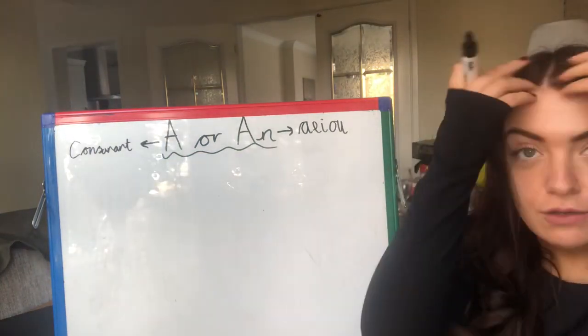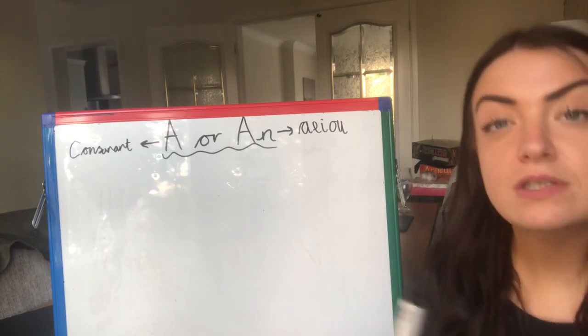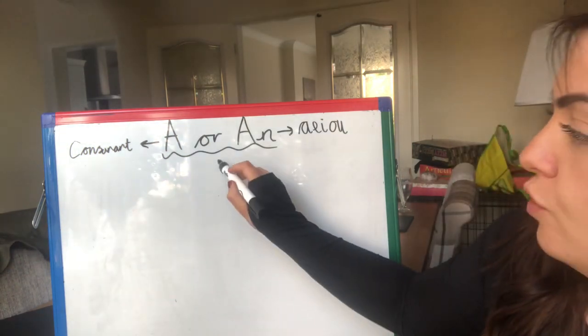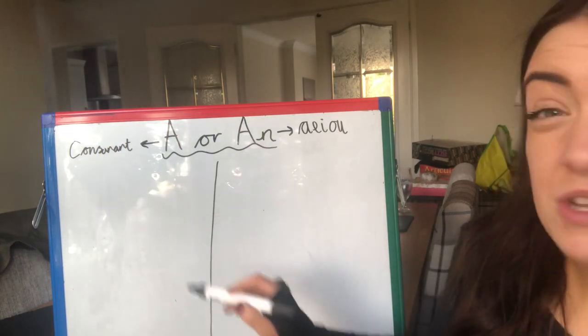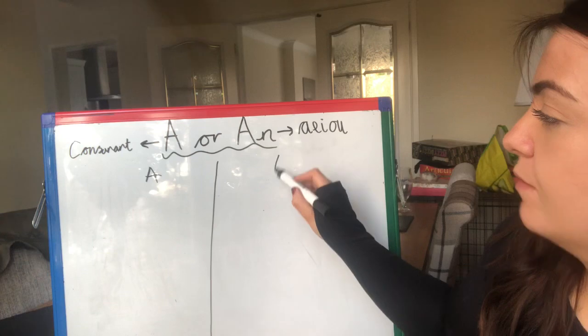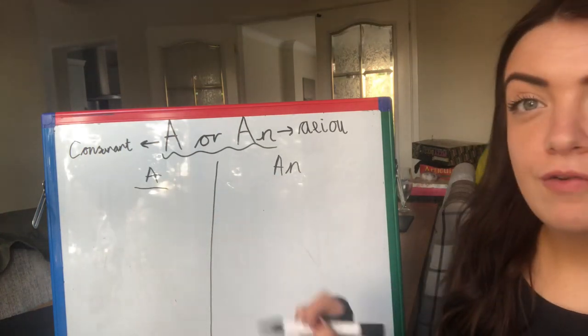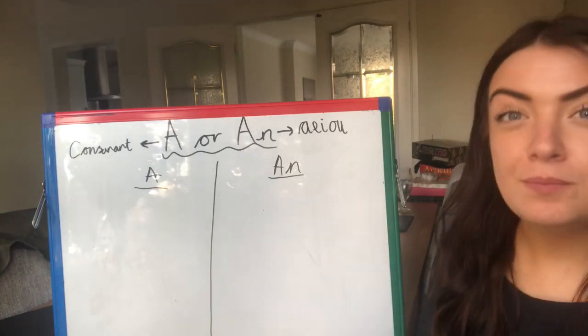So what I would like you to do for your challenge today is have a search around your house for lots of different nouns. And on your whiteboards, or in your books, you are going to create me a list of nouns that either go with a before it or an before it.